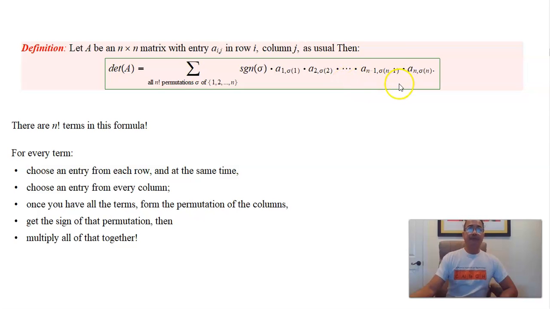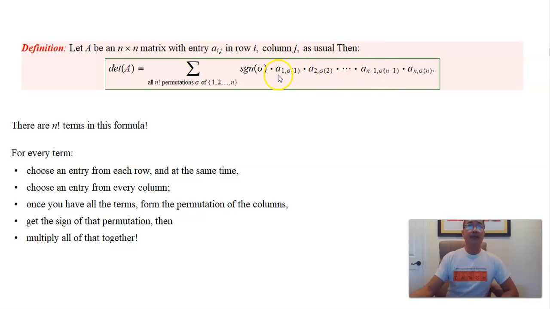What goes into the summation? Well, first you get the sign of sigma, and then you take the entry in row 1, column sigma 1, and then the entry in row 2, column sigma 2, and so on, until you get the entry in the last row, row n, column sigma n.